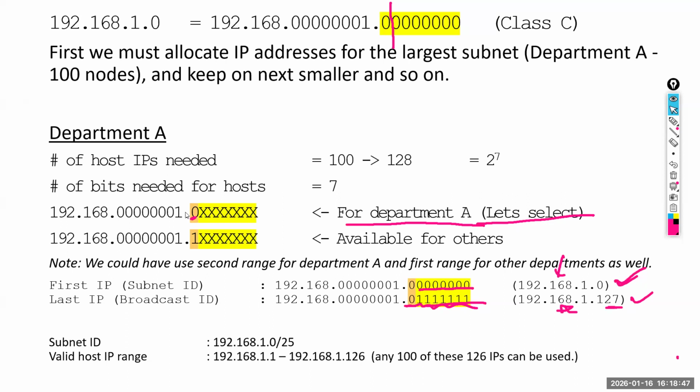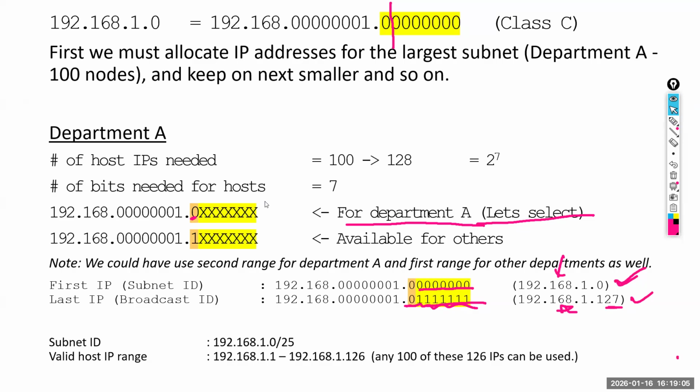Remember, we used the 0, but this is still available. We have not allocated 1 and the other 6 bits to any of those. But if we just allocate these 4 other subnetworks, that means we have only 2 subnetworks. So therefore, we are not going to do it like that.